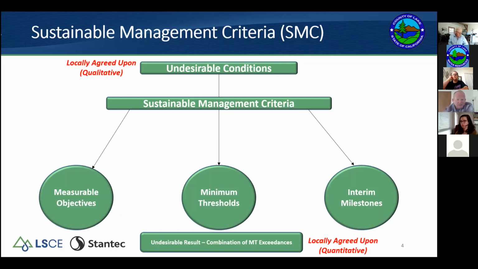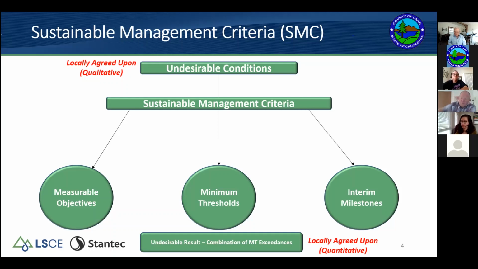Like I mentioned, that's more quantitative. As an example, an undesirable result for water levels could be where water levels drop below the minimum threshold for 2 consecutive years. That would be considered an undesirable result. And looking through the SGMA legislation, once you hit the undesirable result, you've got to put a plan in place to get it back above the threshold and closer to the objective. So hopefully that makes sense.